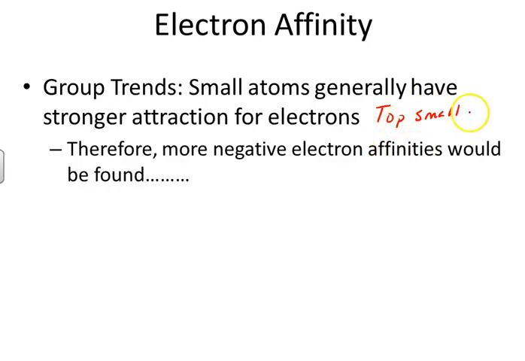So we find more negative values toward the top of the table, and the bottom tends to be larger, so less negative, moving towards 0. They're not necessarily going positive, but they are going to be less negative than the ones at the top. So more negative electron affinities would be found at the top of the table.